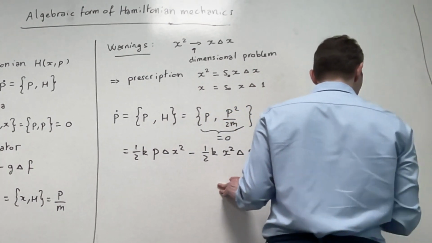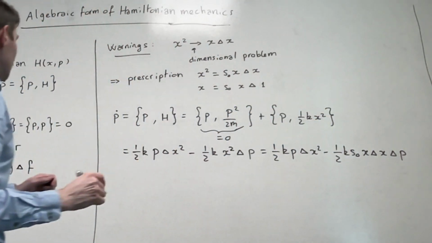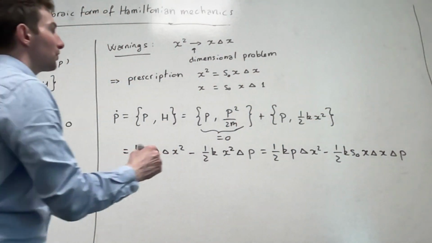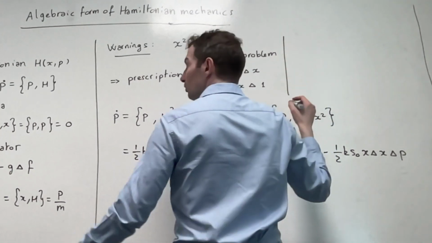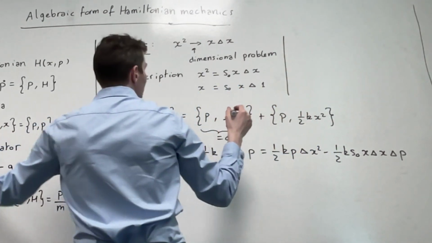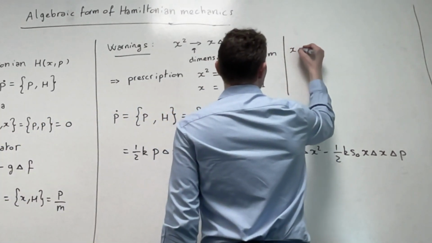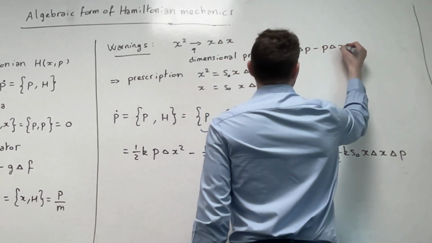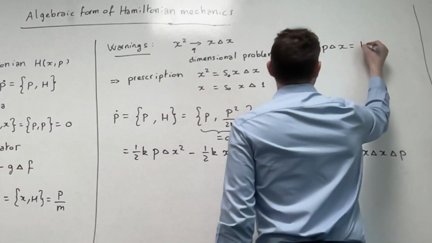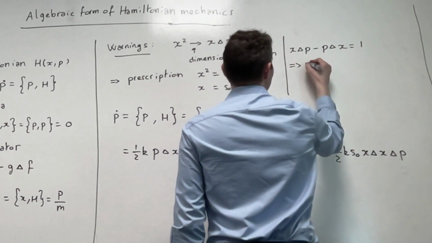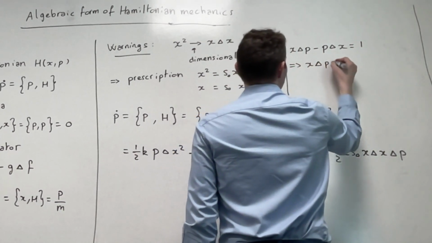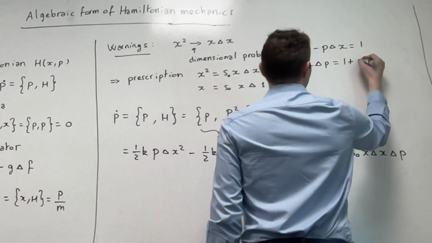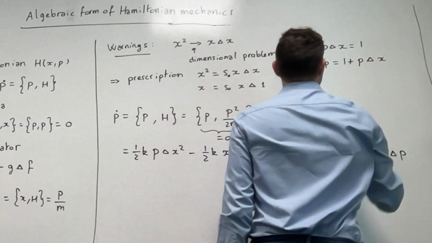triangle p. Now I'm just going to put here one thing that is important: from this equality I've got that x triangle p minus p triangle x is equal to 1, and so that gives us that x triangle p is equal to 1 plus p triangle x.